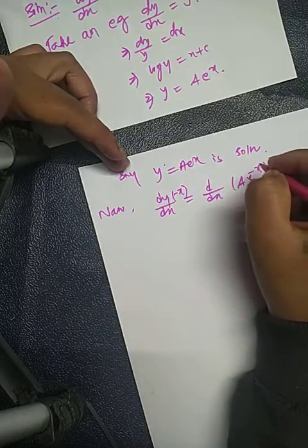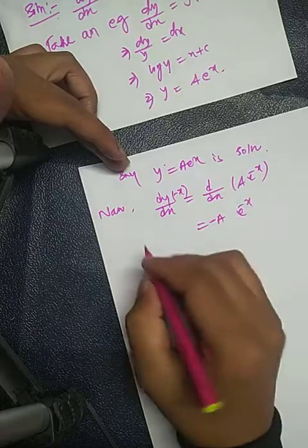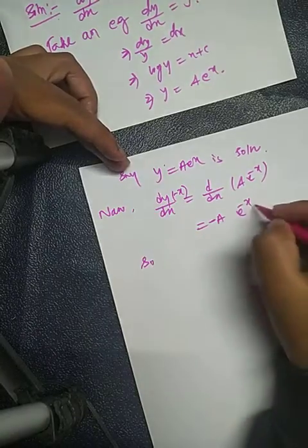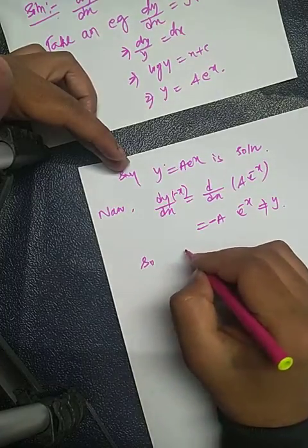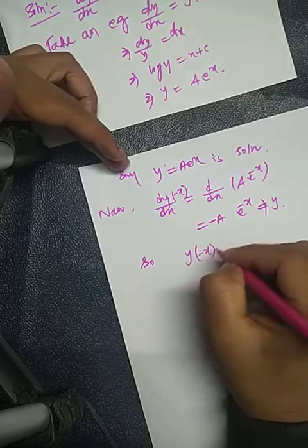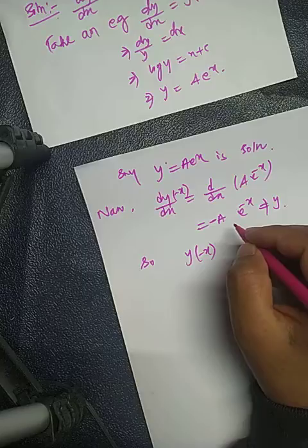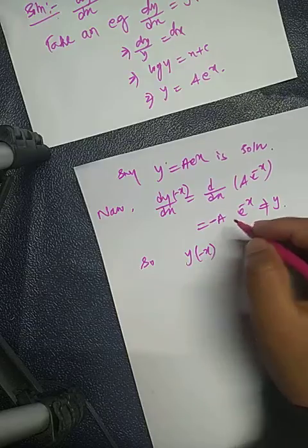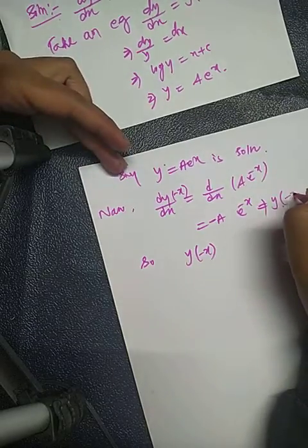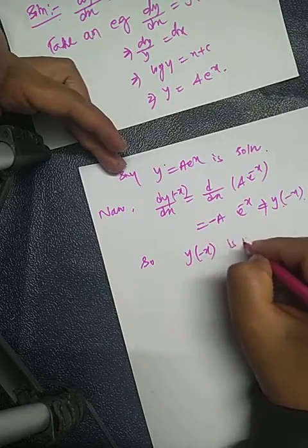So to check the option, a e to the power minus x is not equal to y. So y of x is not equal to y of minus x, right? So y of minus x is not a solution.